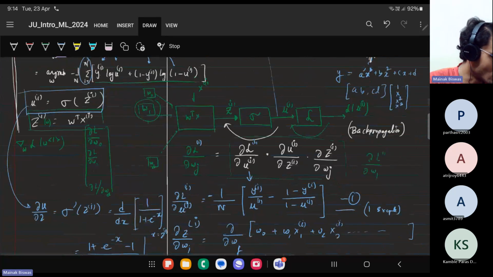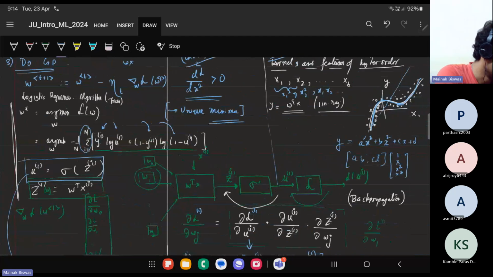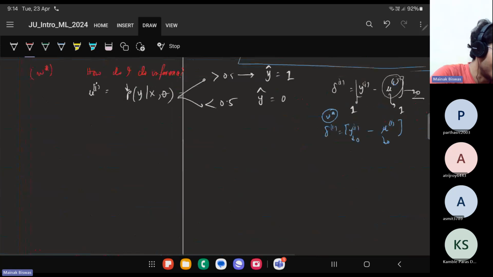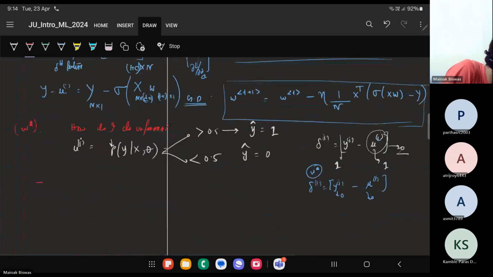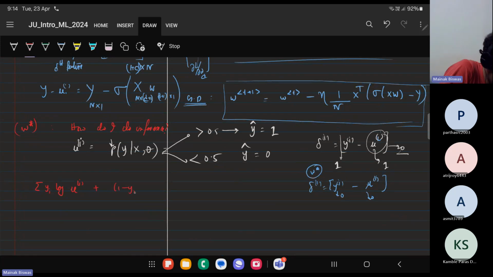Similarly, you can see this from the loss also. When y is 1, only this part remains, right? I'll just write the log likelihood once again: yi log mu I plus 1 minus yi log 1 minus mu I. This is for one training example.